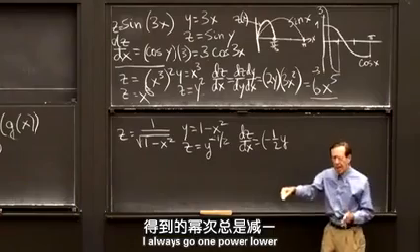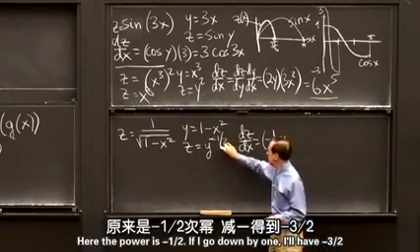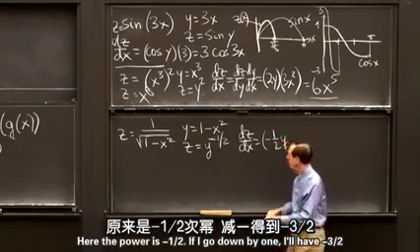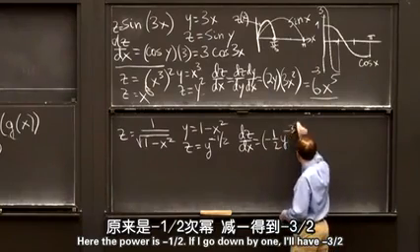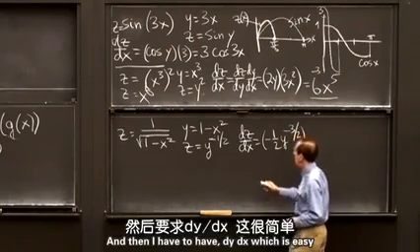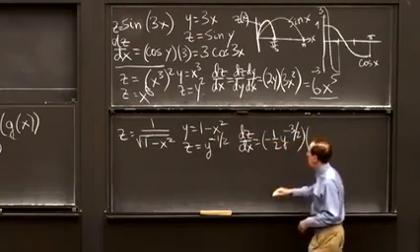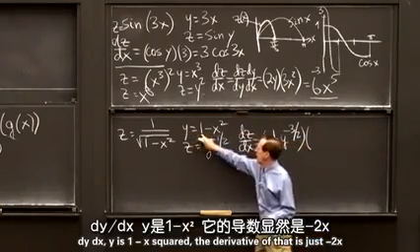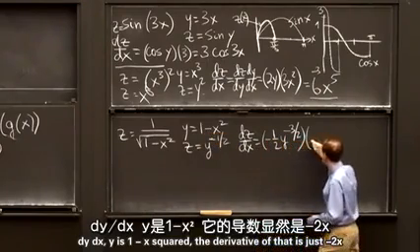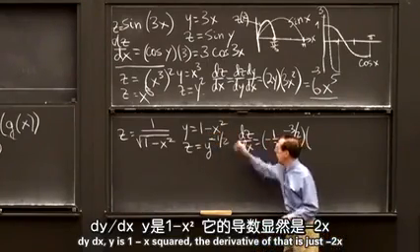I always go 1 power lower. Here the power is minus 1/2. If I go down by 1, I'll have minus 3/2. And then I have to have dy dx, which is easy. dy dx, y is 1 minus x squared. The derivative of that is just minus 2x.